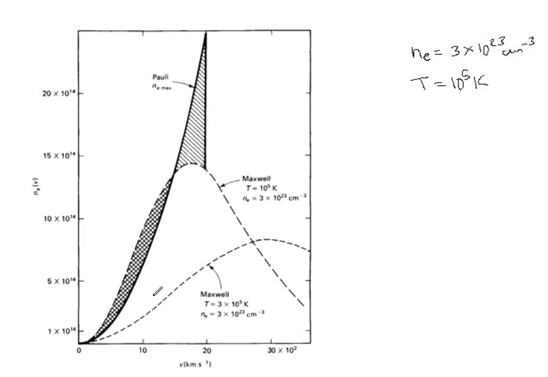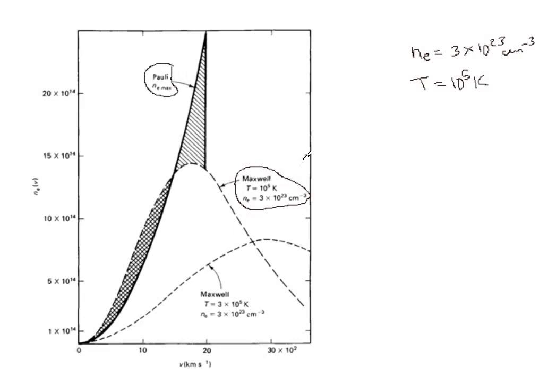Now did you see any difference? This is the Ne max, the previous case, and this was the previous value. This is the Maxwell value, and this is the Pauli value, Ne max.